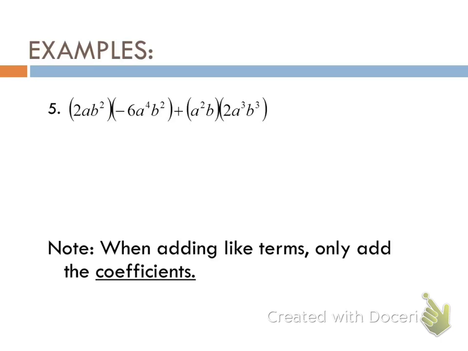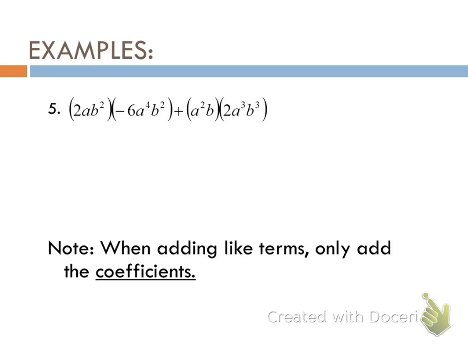What would come next? Multiplication. Parentheses should come before exponents, but inside any set of parentheses, is there anything to do? Can I do anything with 2ab squared? No. Okay, 2ab squared is just 2ab squared.